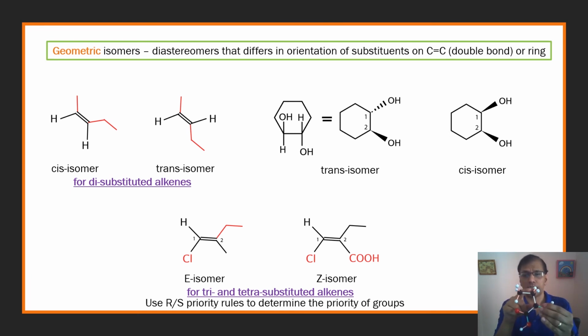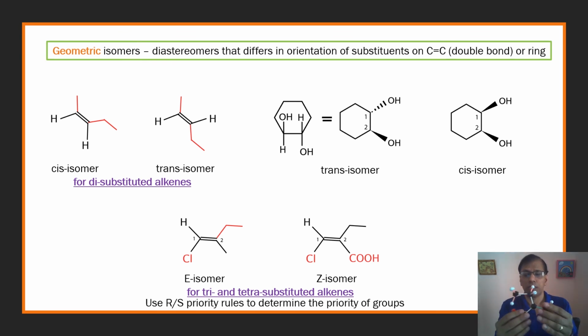So you look at the substituents attached to each of these carbon atoms. For this carbon atom, you have a hydrogen and a carbon, whereas for this carbon, you have an oxygen and oxygen. So the oxygen atomic number is higher than that of carbon, and so this carboxyl group has a higher priority over the ethyl group.